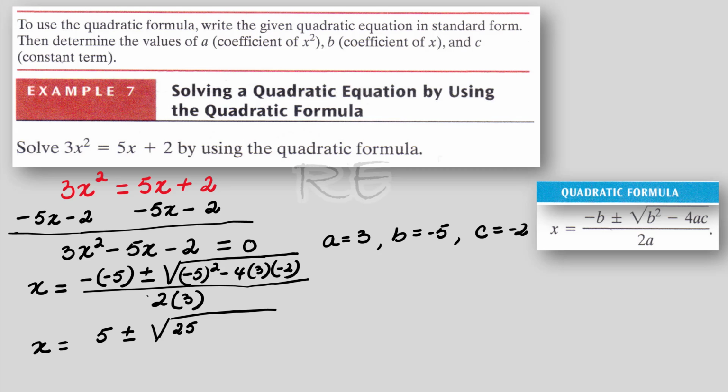A negative times a negative is a positive. And then 4 times 3 is 12, times 2 is 24. The whole thing is divided by 2 times 3, which is 6.